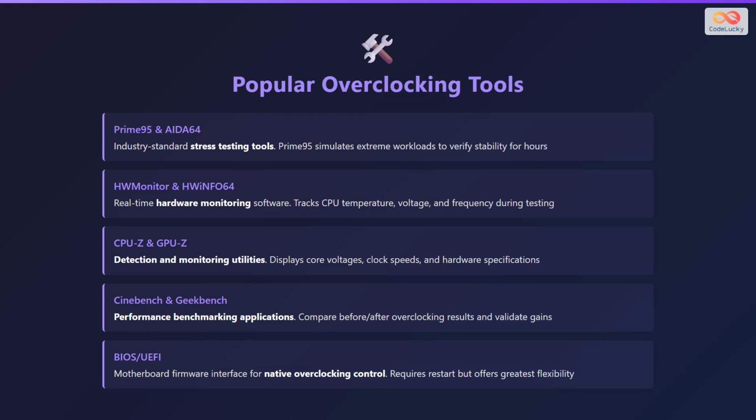CPU-Z and GPU-Z are detection and monitoring utilities that display core voltages, clock speeds, and detailed hardware specifications. Cinebench and Geekbench are performance benchmarking applications that allow you to compare results before and after overclocking to validate your performance gains. The BIOS or UEFI interface on your motherboard provides native overclocking control with maximum flexibility, though it requires a system restart to apply changes.